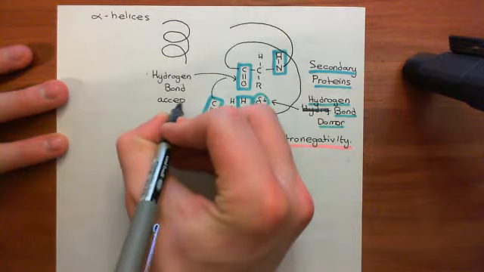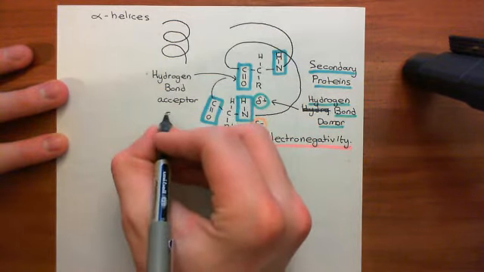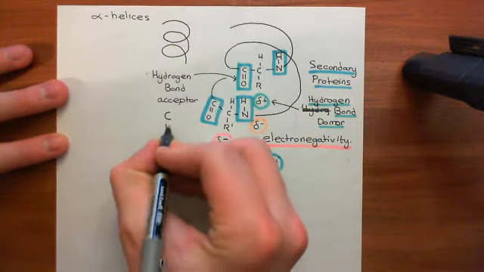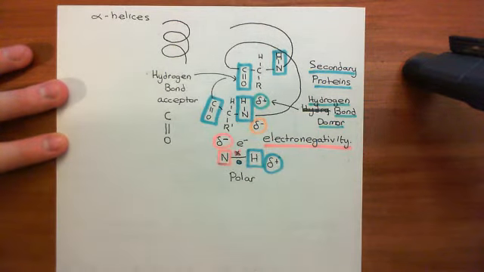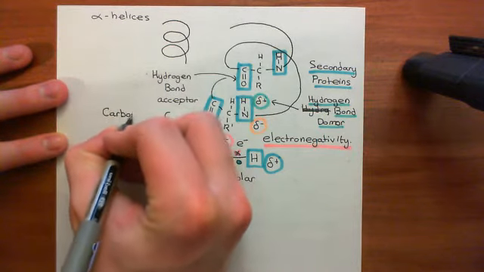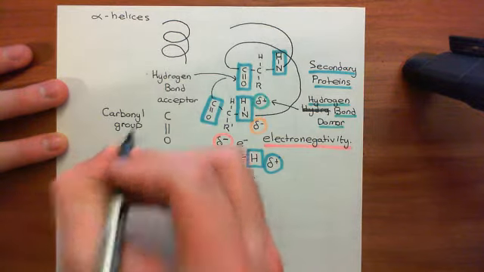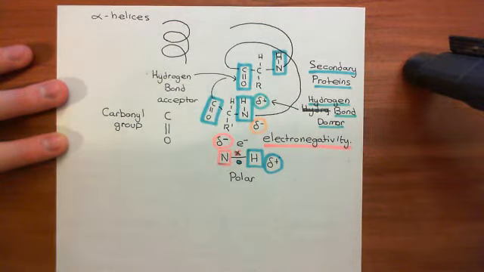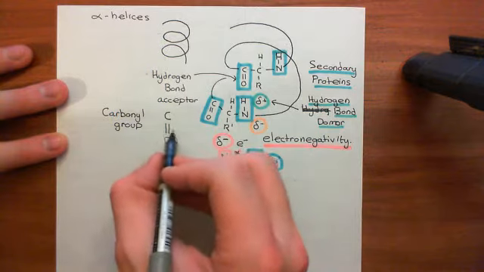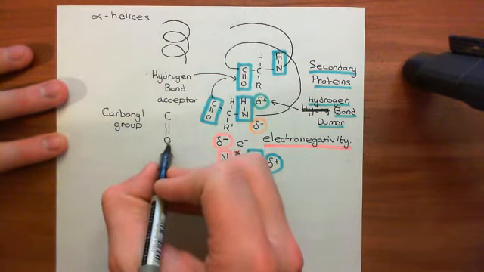So we'll start off with it being partially negatively charged. Let's pull this bond out here. We've got a carbon double bonded to an oxygen, which is known as a carbonyl group. So this is a carbonyl group within our polypeptide. Now we have a double bond here, so we have 4 electrons sitting in between this carbon and this oxygen.